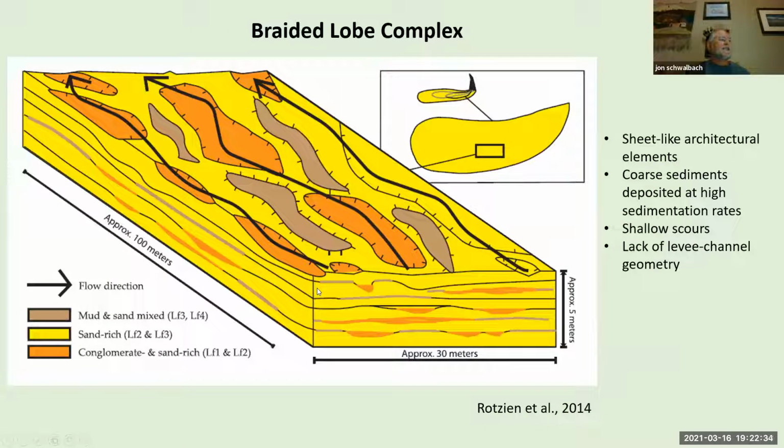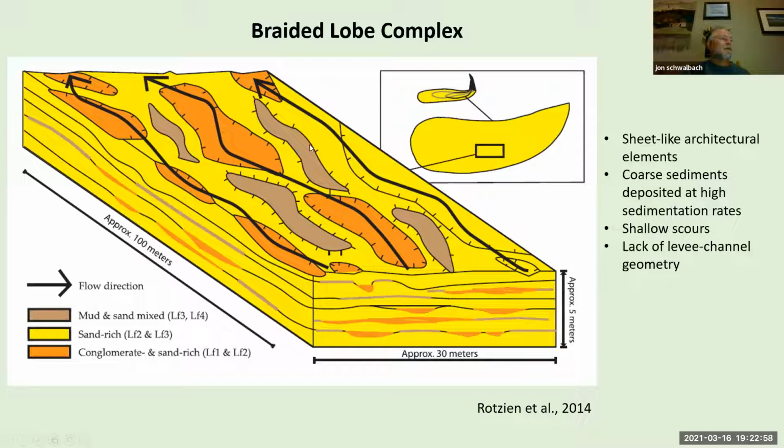And it turns out this is actually very similar to some independent work that John Rosine did at Stanford. He looked at mostly outcrop data here and a little bit of the core data, but he basically proposed this braided lobe complex for the Ventura deposition, or at least for part of it. And he saw things like sheet-like architectural elements like we did.